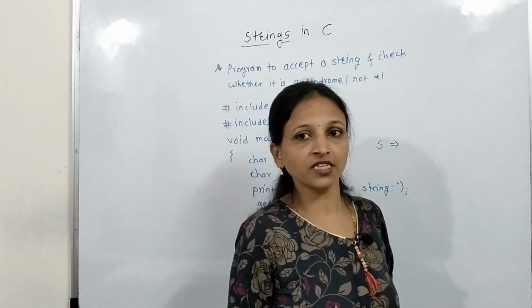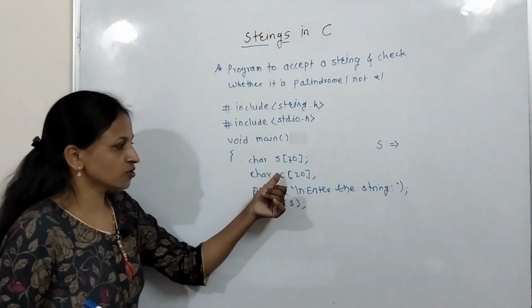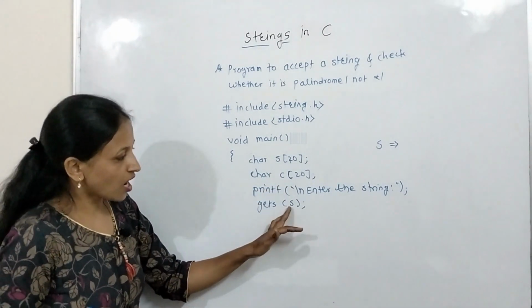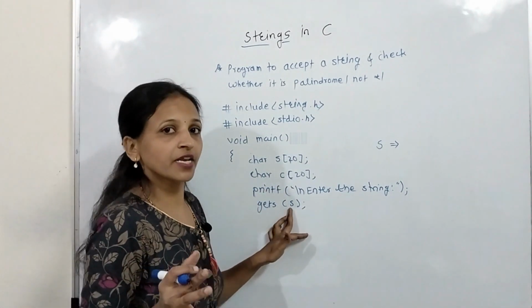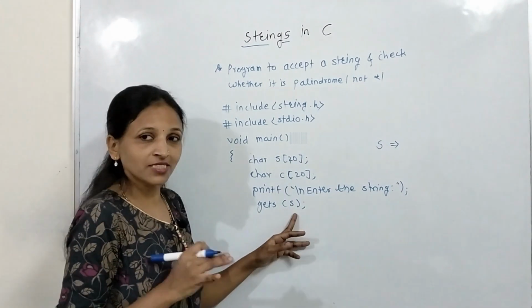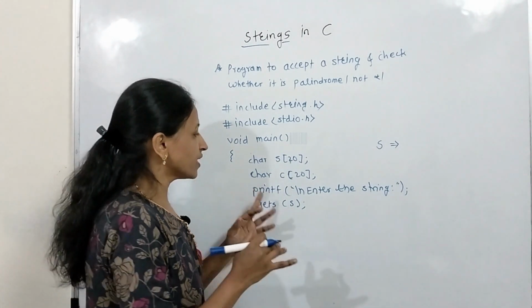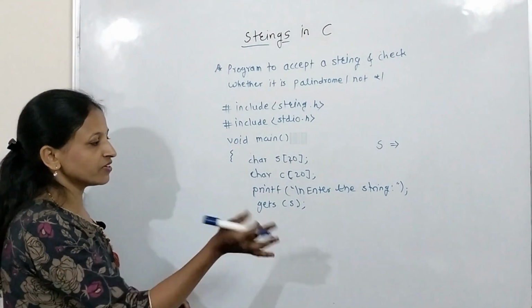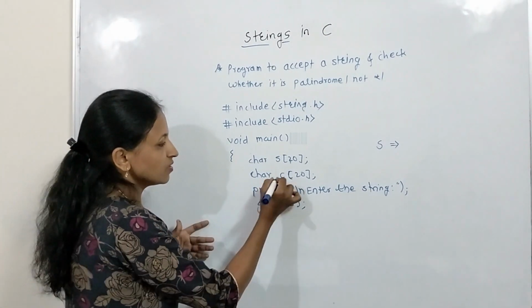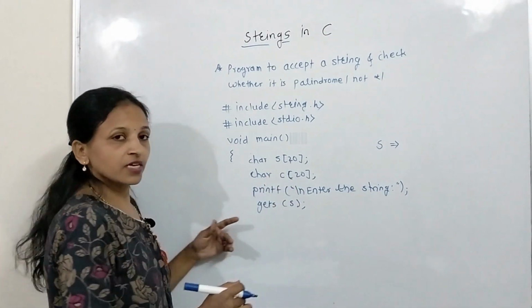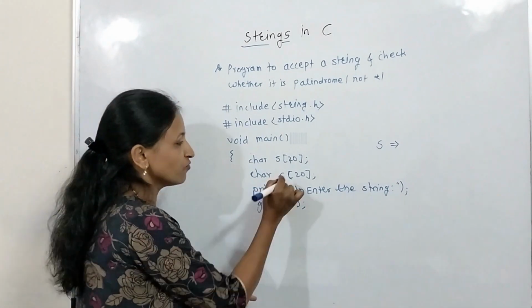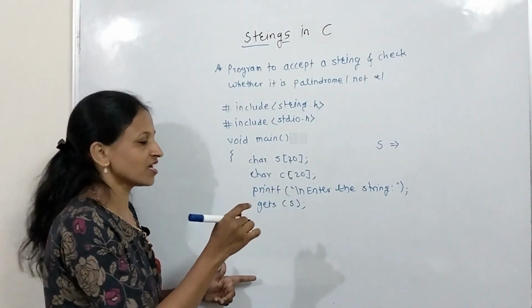But before reversing, I will copy the contents of s into c, because after calling strrev, we will get the reverse string in s. And to get the old string, we have to compare with that original string. We will first copy s inside c. And for that I have declared one more character array here.